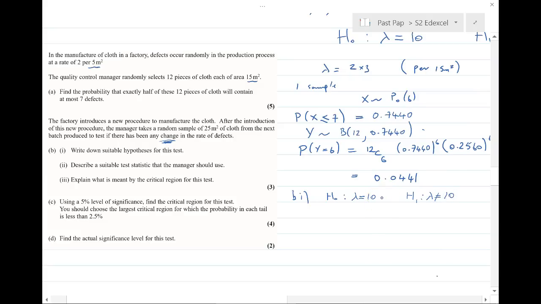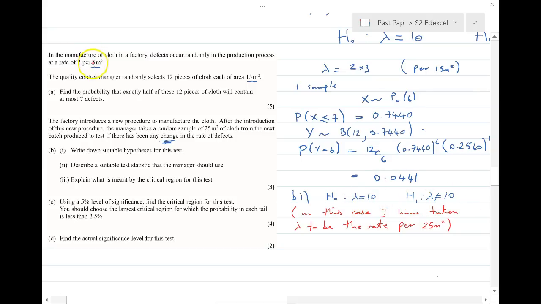This lambda represents, in this case, the rate of occurrences per 25 meters squared. But it doesn't have to be per 25 meters squared, so long as we make sure that we test lambda equals 10 when we look for the values and find our critical region.